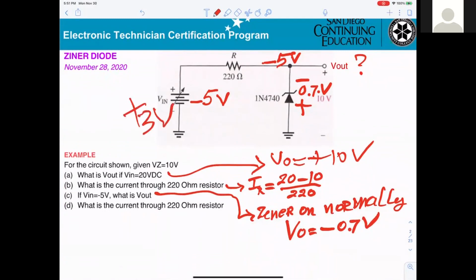So you can see at this point you get 3. So the Zener is not in breakdown, and they cannot be on normally. The other side will be 0 volt, so the output will be 3 volt. Okay, got it. Thank you.